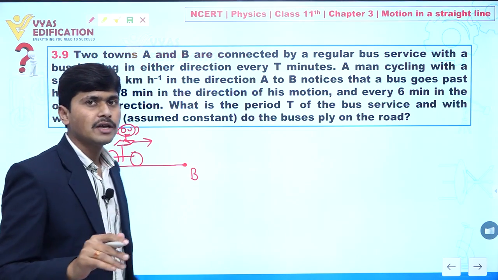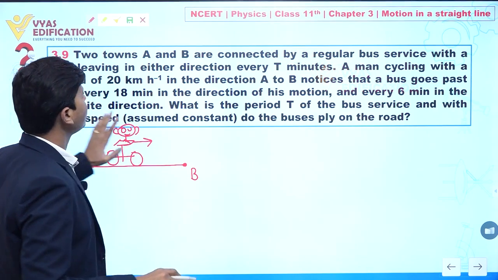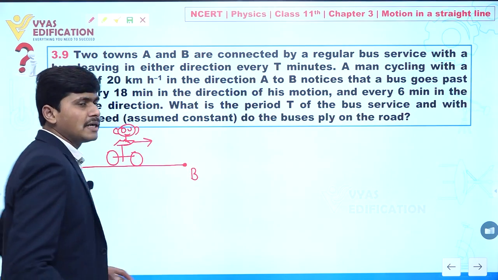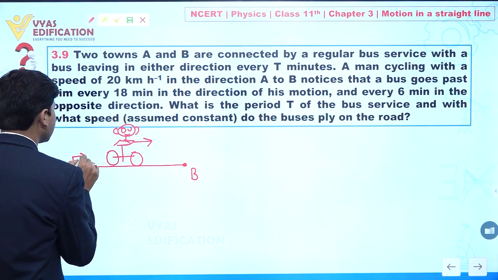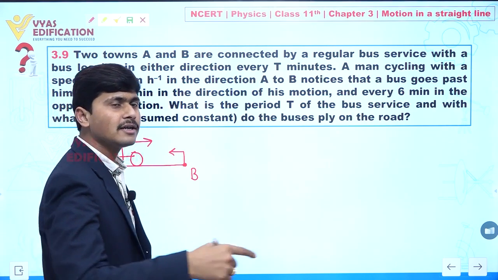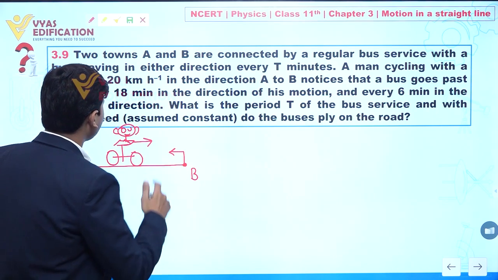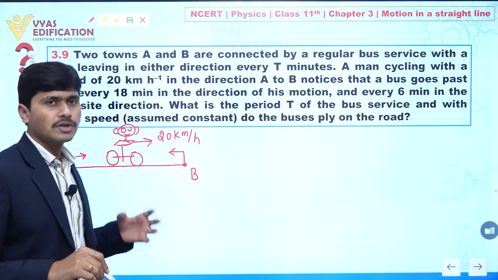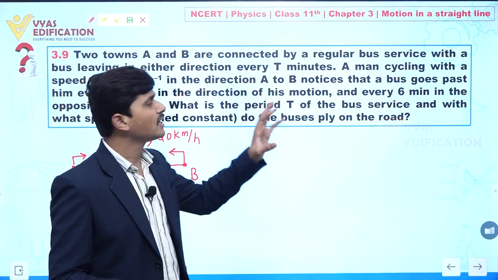So the person is sitting on a cycle and moving from A to B. In this question it is given that A and B are connected by a regular bus service with the bus leaving in either direction after t minutes. So from A and B, a bus is leaving after t minutes. It means after t minutes one bus departs from A, and after t minutes a bus departs from B, towards A and towards B. A man cycling with a speed of 20 km per hour notices that a bus goes past him every 18 minutes in the direction of motion.